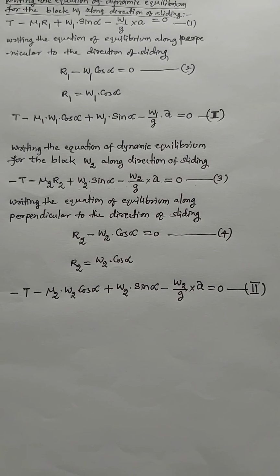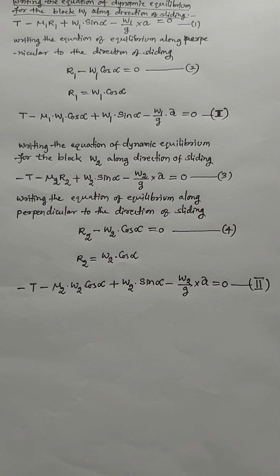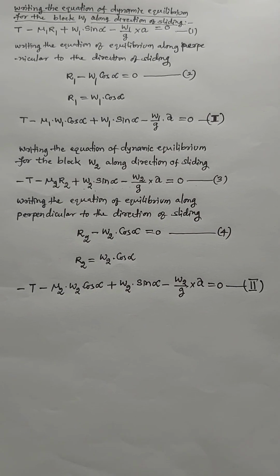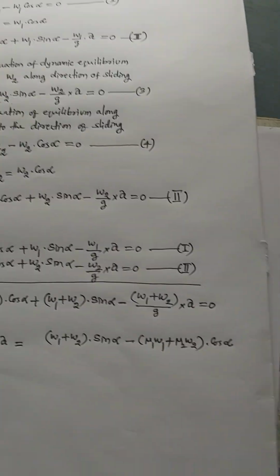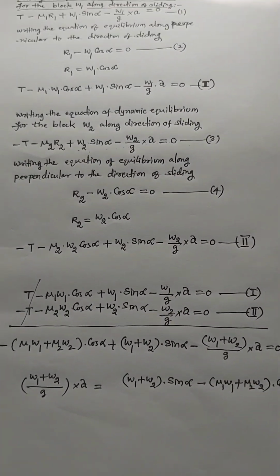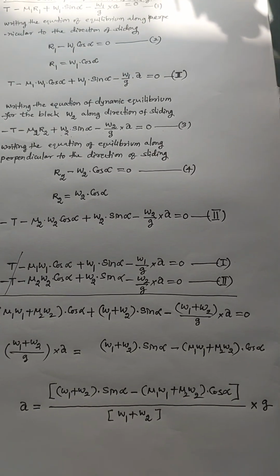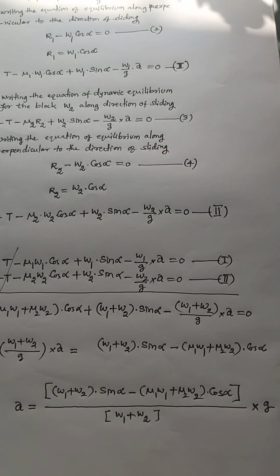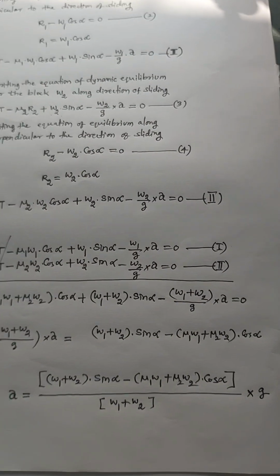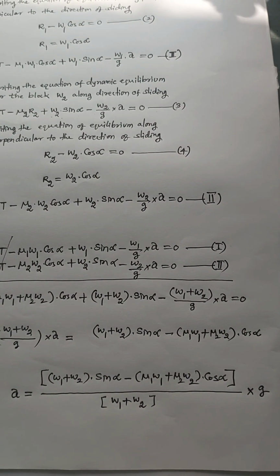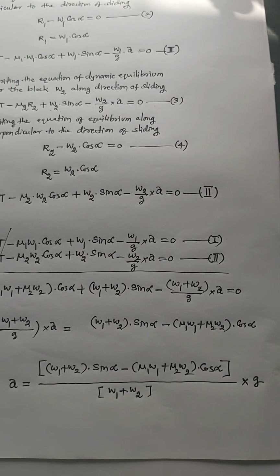When you add these two final equations for blocks W1 and W2, we get the acceleration of the system. This is the final equation for the acceleration of the system: small a equal to (W1 plus W2) into sin alpha minus (mu1 W1 plus mu2 W2) into cos alpha, into G, divided by (W1 plus W2).